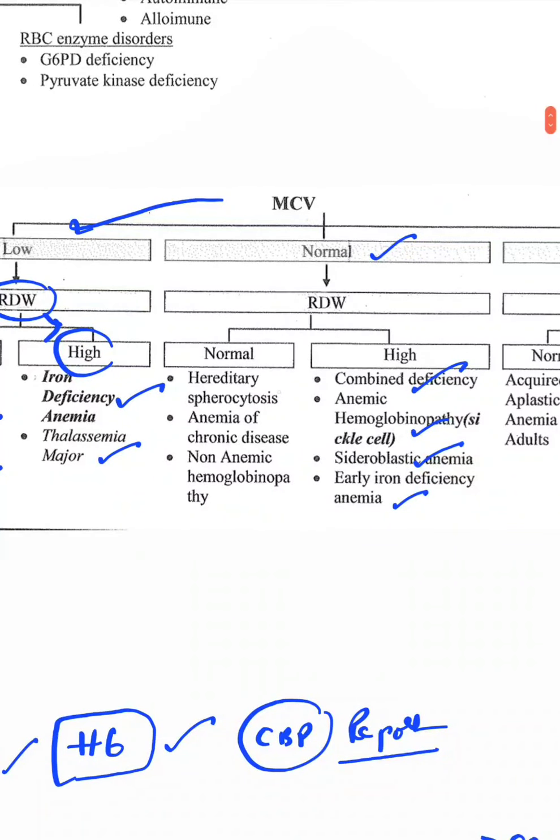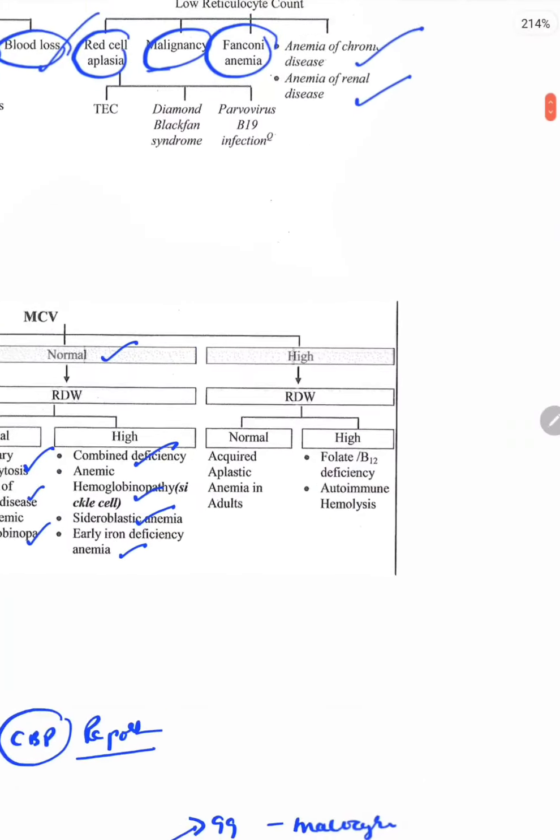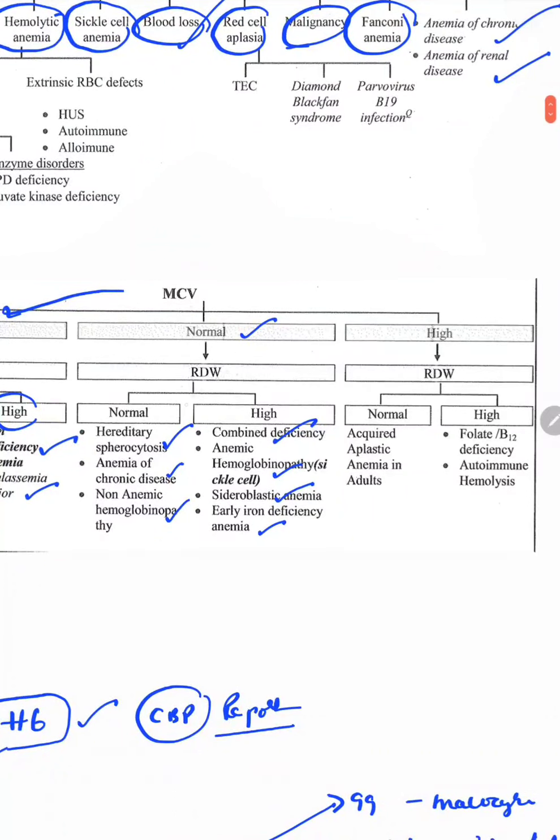Next, whenever RDW is normal and MCV is normal, we consider hereditary spherocytosis, anemia of chronic disease, non-anemic hemoglobinopathy.